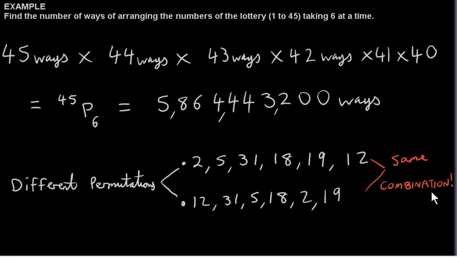All the different combinations have at least a number that's different. We count these as 2 different permutations, but all the numbers are the same, so they are the same combination. But we're interested in all the distinct combinations, which is going to be much smaller than this. We need to divide down this number, so we'll cover that in later videos.